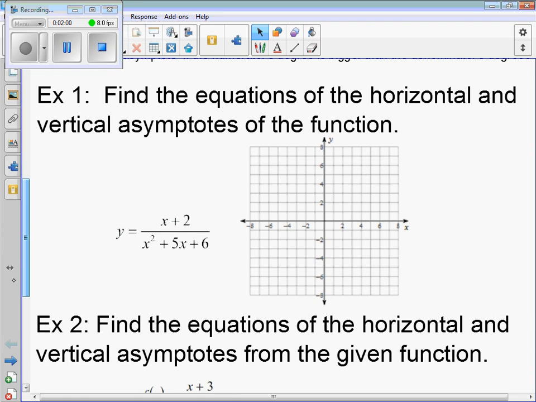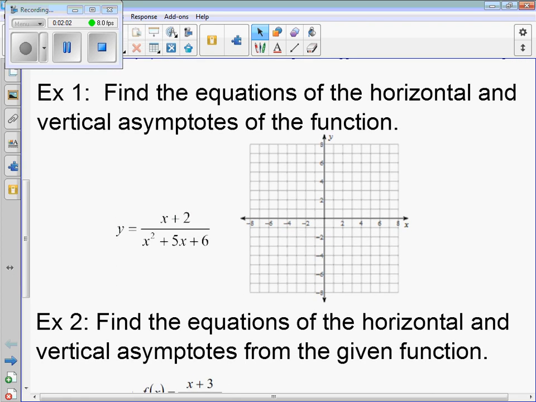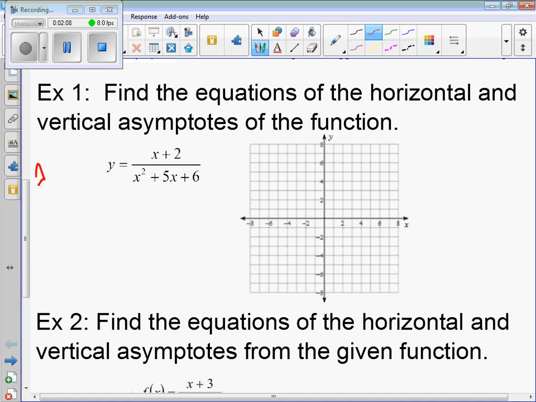Find the equations of the horizontal and vertical asymptotes of the function. First thing, always factor if possible. Factor every part of the rational function. The numerator here, x plus 2, cannot factor, so we'll write that.